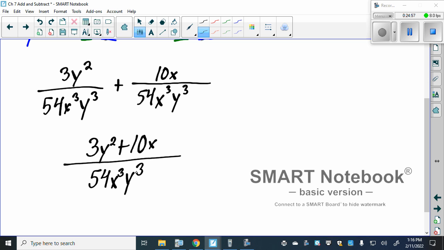Now looking at this, is there a greatest common factor between 3y squared and 10x? Is there something that goes into both 3 and 10? Well, no. And there are no variables in common, so there's no way we can factor the numerator and then simplify. So this is as far as we can go.